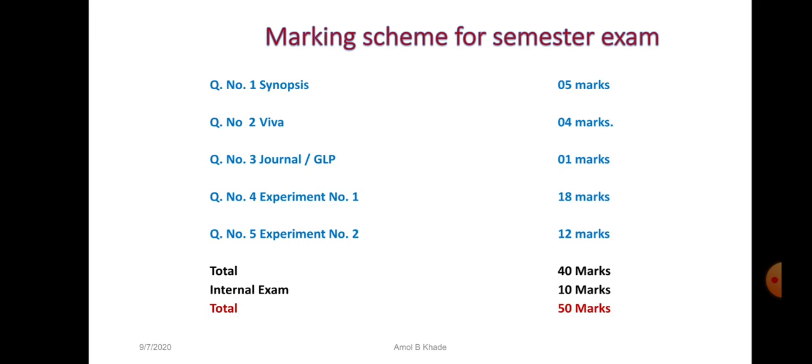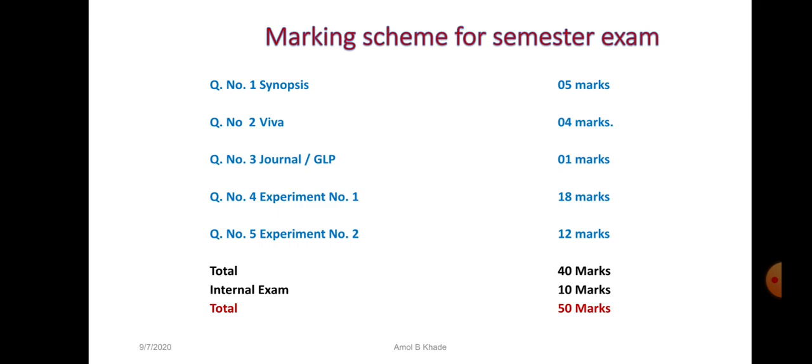Question number 3 is your journal, how well you are writing your results and how neatly you are maintaining the results and calculations. That carries 1 mark. Marks are also given for GLP, that is good laboratory practices, how you are performing the experiment, that is wearing the cap, apron, mask, pipetting using the rubber bulb and so on.